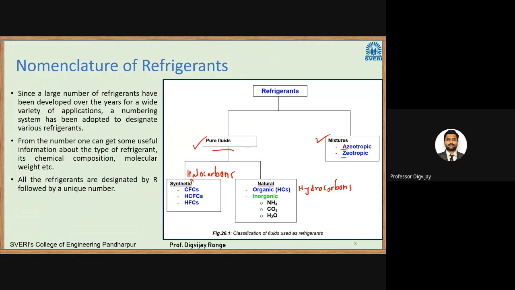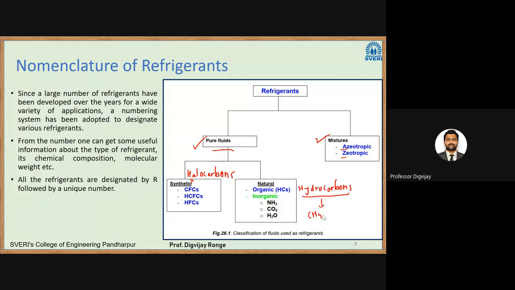Okay. Under pure fluids, they are classified as synthetic. Synthetics are also called halocarbons. And the second classification is natural. Under natural, we have organic and inorganic. Organic are also called hydrocarbons. Hydrocarbons you might have studied. Those are like methane, ethane, and methanol, ethanol.